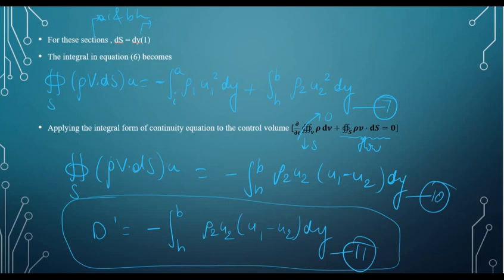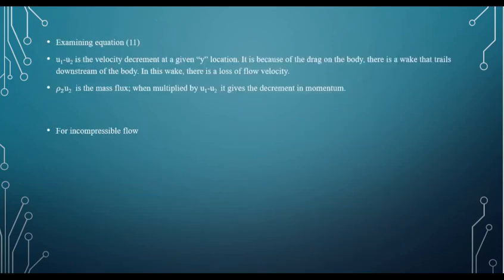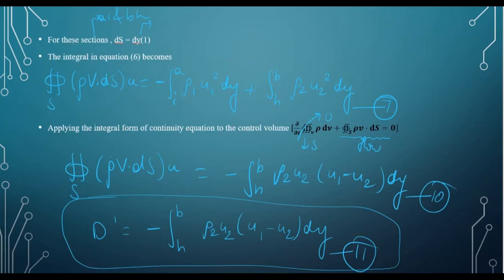Now if I want to examine this equation 11 carefully, the drag per unit span which we have got in terms of free stream velocity and the flow field properties, we see u1 minus u2. So this term u1 minus u2 is the velocity decrement at the y location.